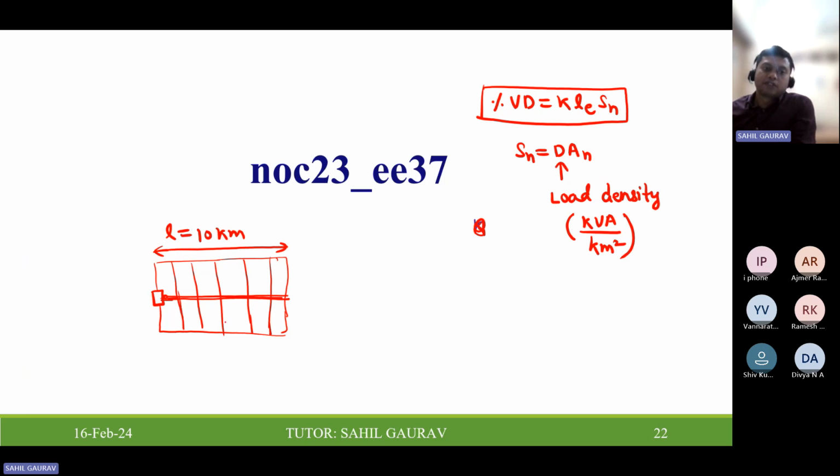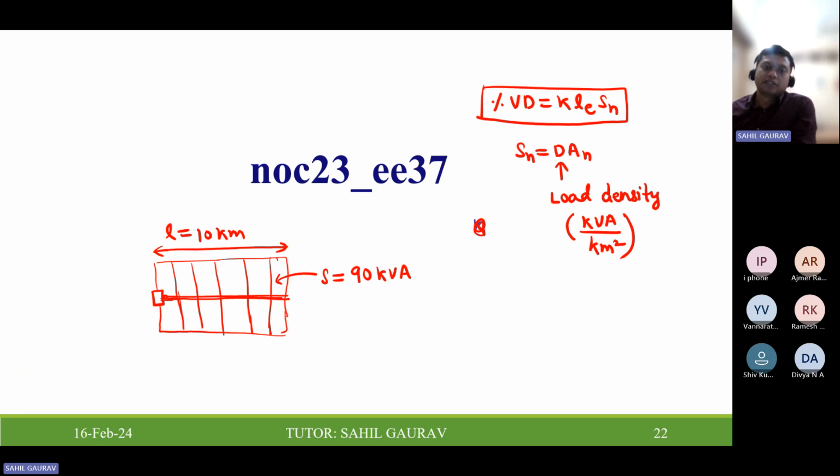Now suppose this primary feeder is serving a load of, let us say, 90 kVA. So per kilometer square, how much load is being served?